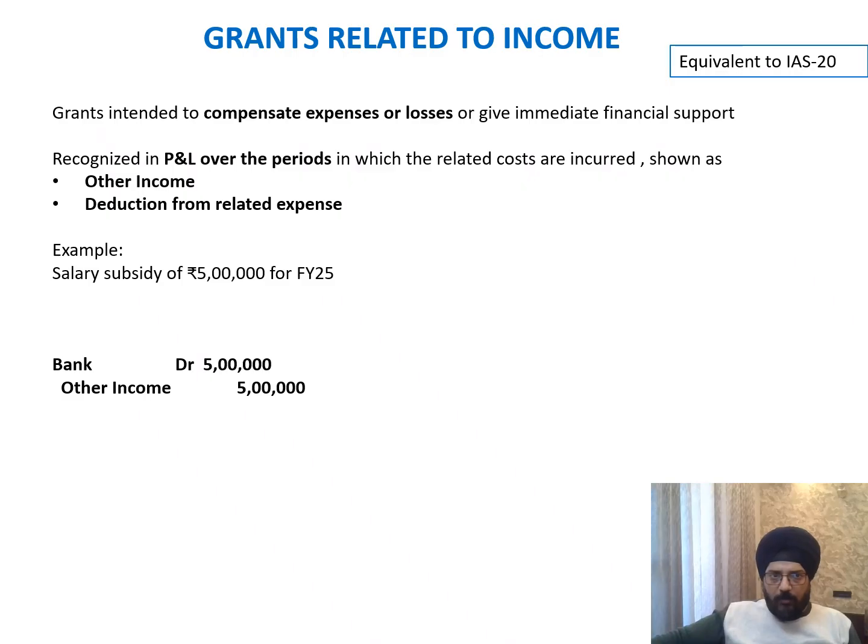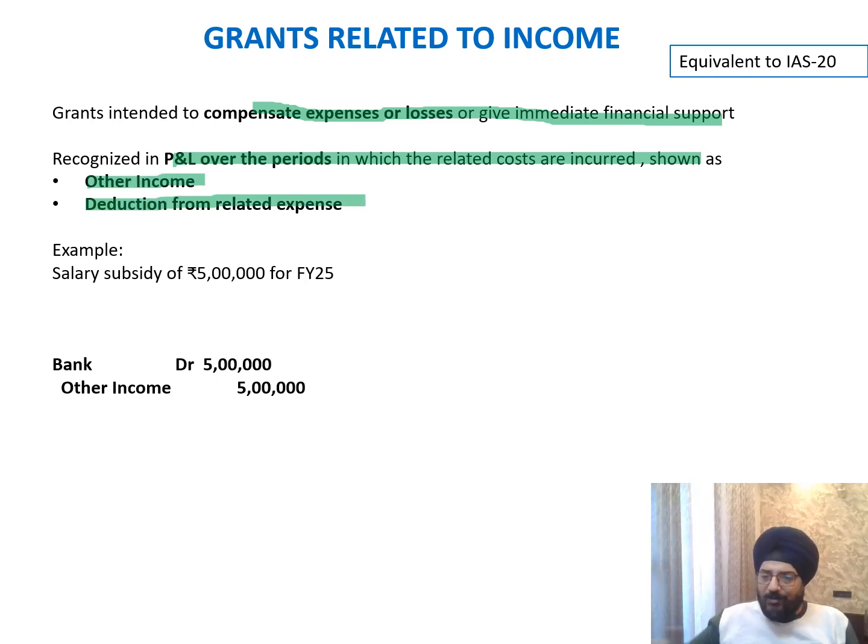I will quickly talk about the accounting treatment for grant related to income. So what we are saying here, grant intended to compensate the expense or losses or given immediate financial support is recognized in the P&L over the period in which the related cost is incurred. It has to be shown as other income or deduction from the related expense. So here there is a choice that we can either show it as other income or we can show it as deduction from the expense against which we have got that compensation.